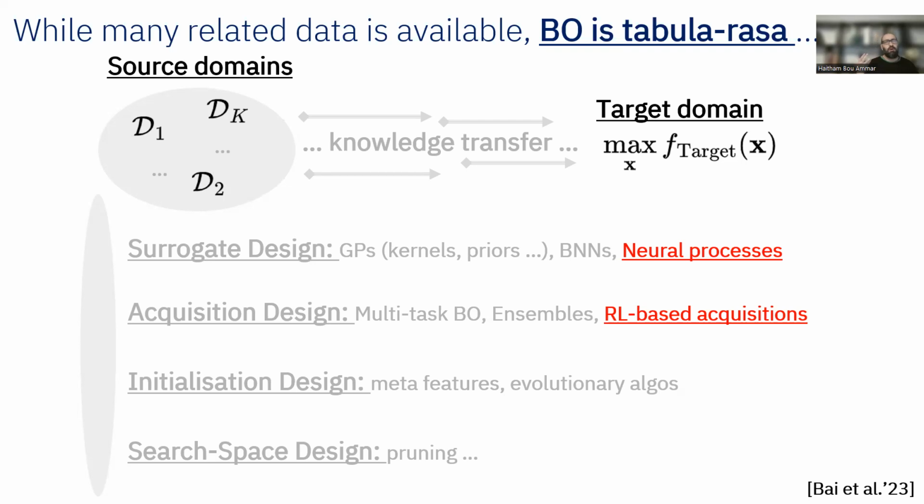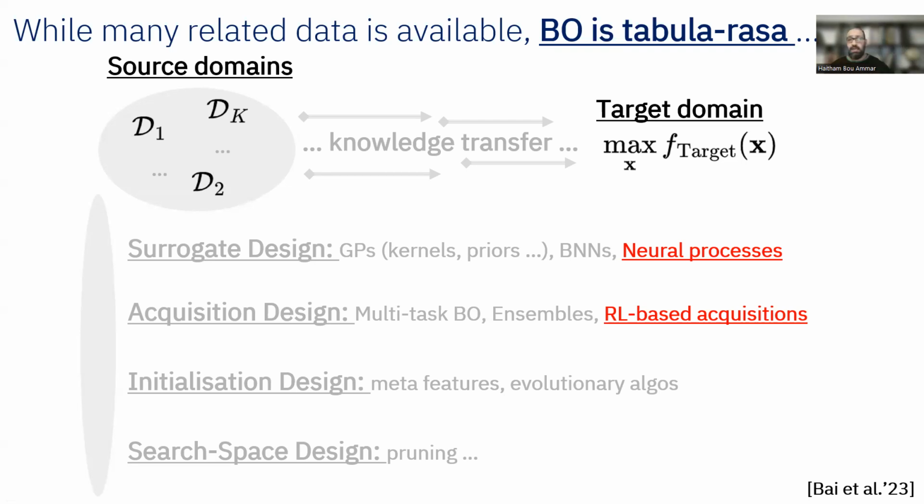However, let's talk a bit more about our problem definition now and try to understand what has been going on in this field. So instead of dealing with one black box function at a time, in meta Bayesian optimization, we are going to assume that we have a set of source domains, so a set of source black box functions, and that we have collected data from them. So what's the data looking like?